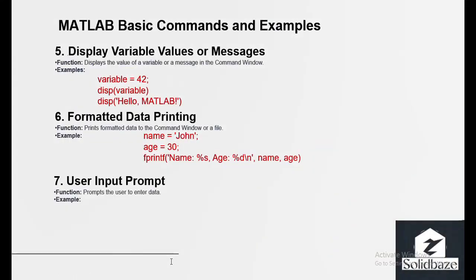Now we'll go to the user input command. It prompts the user to enter data from the keyboard, which is simply the user input. So you enter a number and it displays the result. Now whenever you are carrying out a display command that has to do with a different data type, the display command only recognizes strings or character data type.